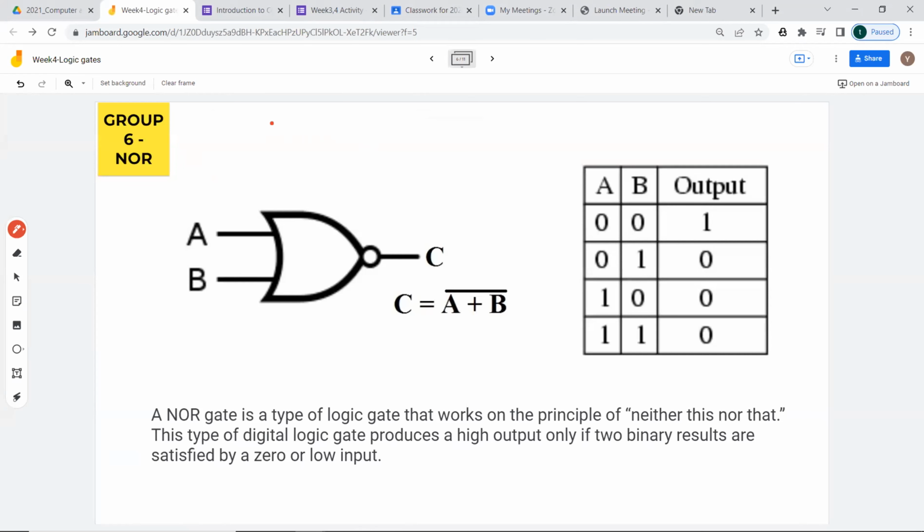In the previous one, that means the NAND, we had AND and NOT. And here for this one, we have OR and NOT together. So what we are going to do is, first we consider the OR operation, and then the NOT operation upon the output of this OR gate.